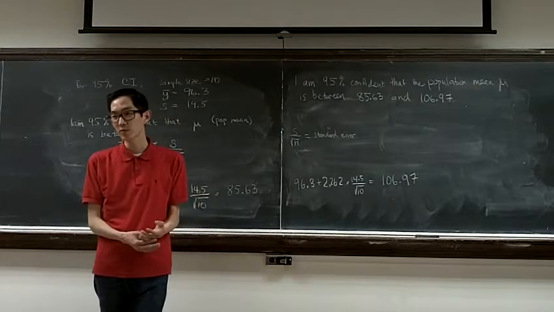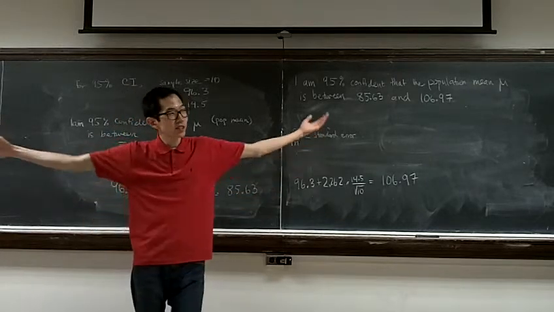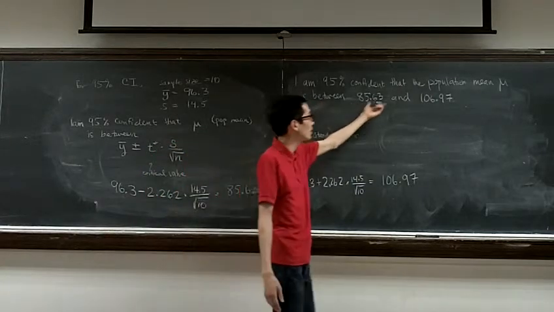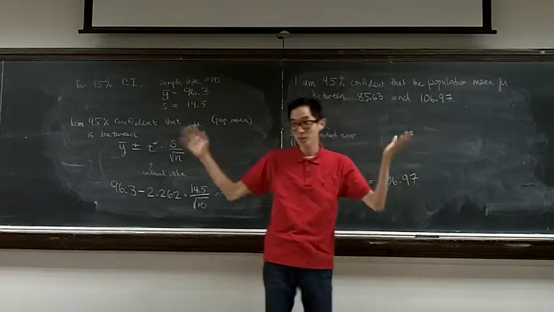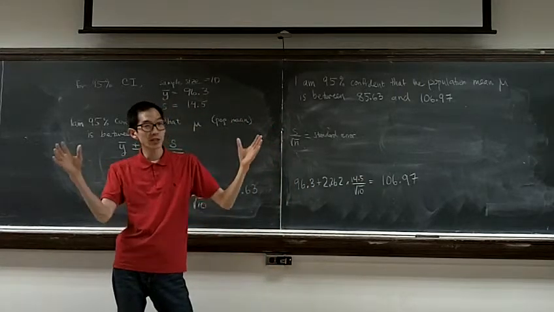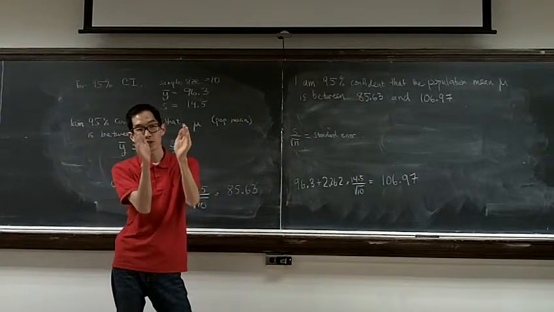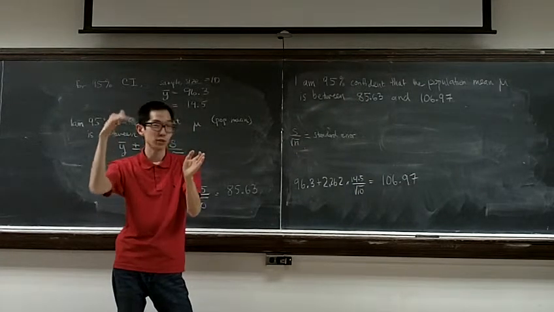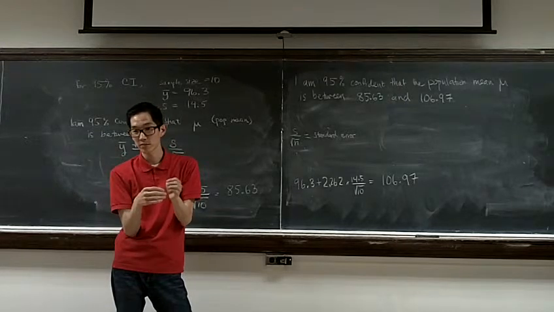But that's not useful. If we try to be too confident, our interval gets too wide, and I would say even an interval from 85 to 107 is pretty wide, okay? So we can decrease the width to get a narrower range at the trade-off of reducing the amount of confidence we have.